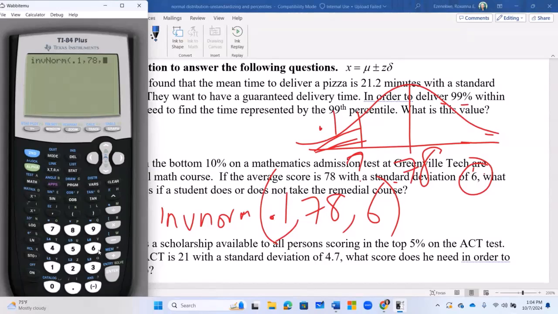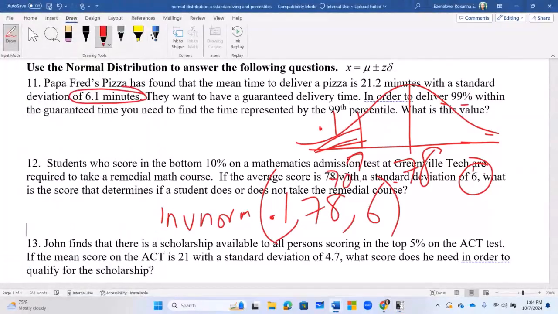The standard deviation is 6, plus parentheses. When I hit enter, the score you can get to not get into remedial is 70.31. So the score is 70.31. Anything less than this, you take a remedial course.